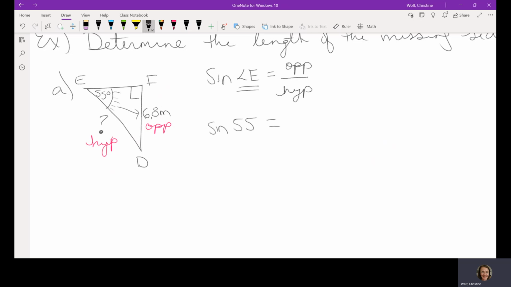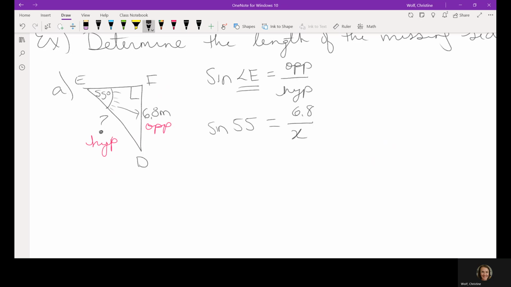Then on top is the opposite side, so opposite to 55 is that 6.8. And then underneath the 6.8 is my hypotenuse, but that's what I'm looking for. So I just leave it as an X.